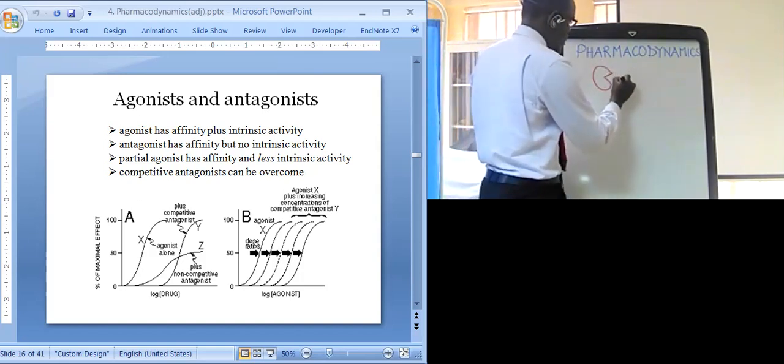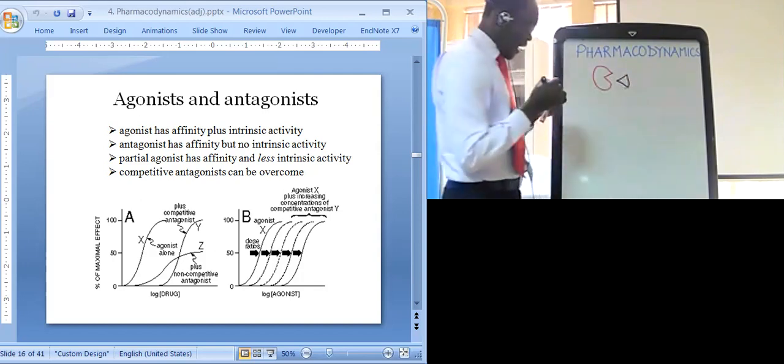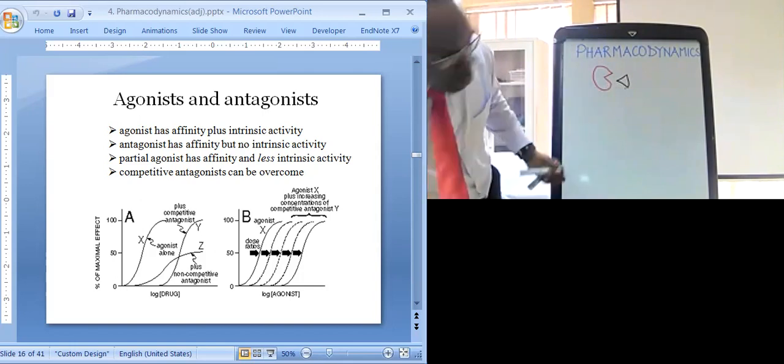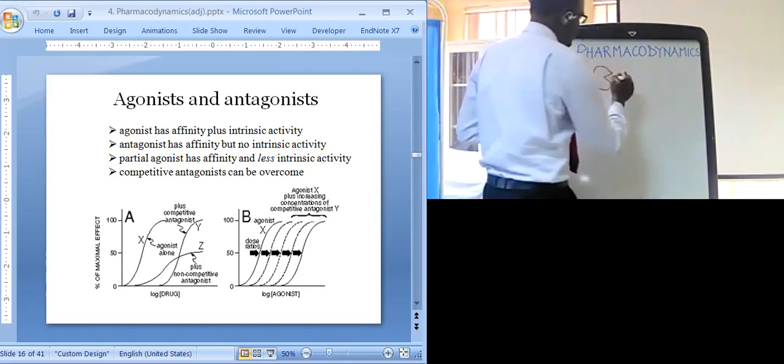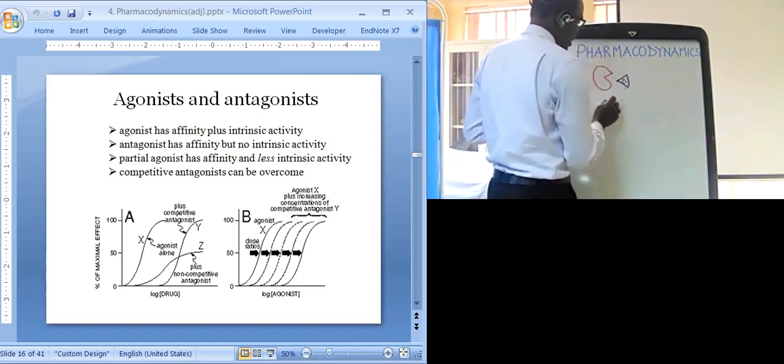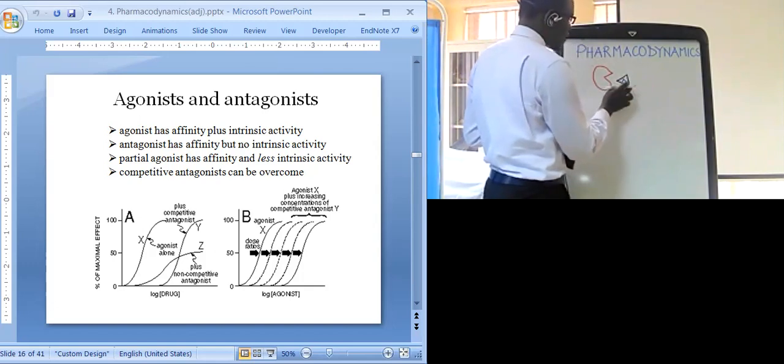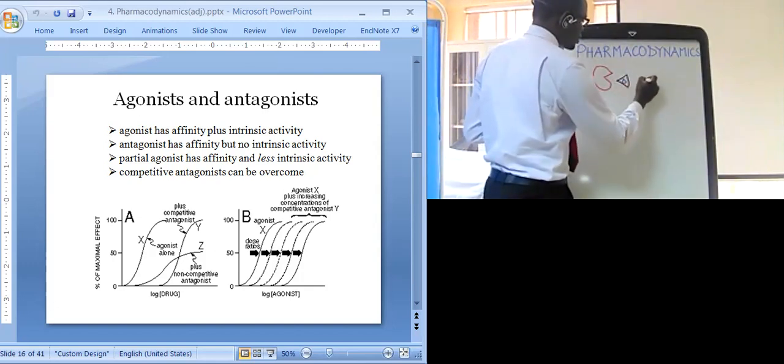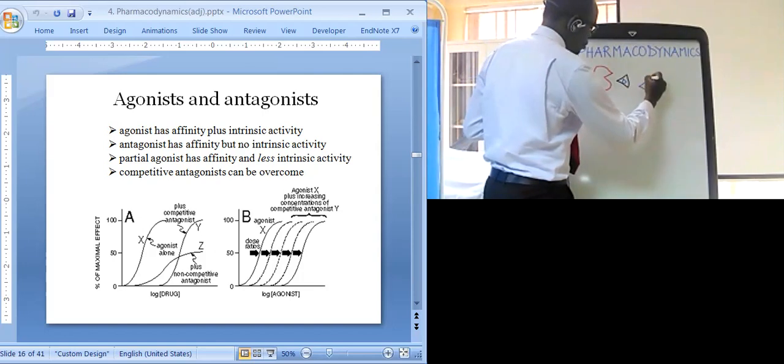This is our agonist, and this is our drug D. And then we also have a competitive antagonist, Y.